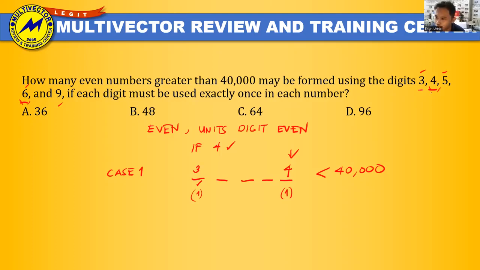Then, ilan na yung natitira? Kung napili na yung 3, dito yan, 3, 4, 5, 6, 9. Kung napili na yung 4 and napili na yung 3, greater than 40,000 pala, sorry. So since greater than 40,000, our 10,000 digit should be greater than or equal to 4. Since meron na tayong unit digit value na 4, tatanggalin na siya dyan.